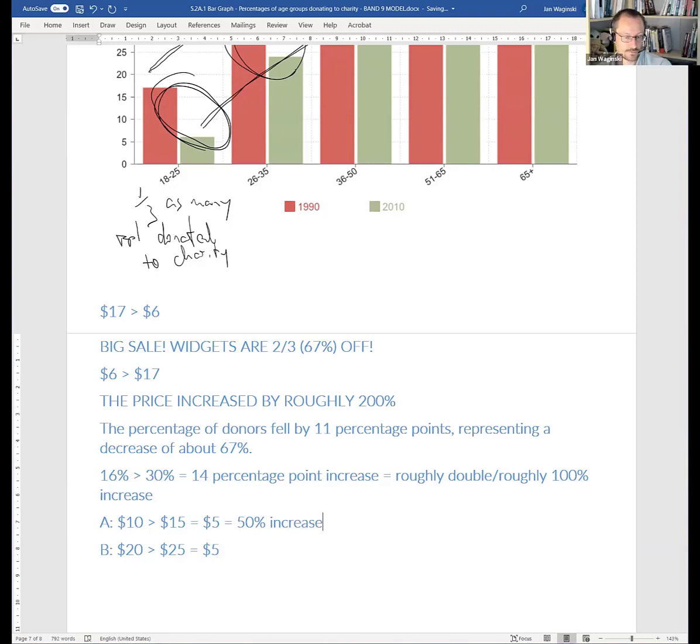If your salary increased by 50%, you'd be thrilled. Now, employee B is happy, 25%, right, is not quite as happy. So the raise for employee A was twice as big, relatively speaking.